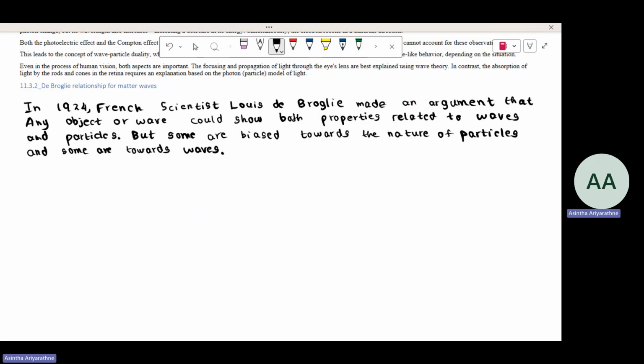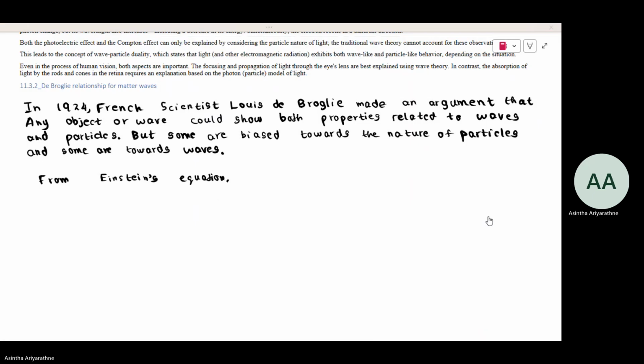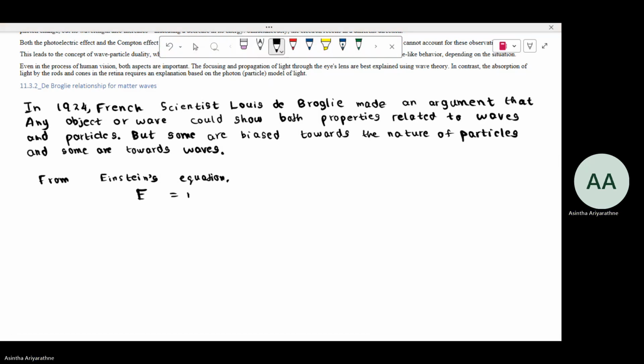Then from Einstein's equation for the mass-energy conversion, E equals mc squared, I can write E over c is equal to mc.